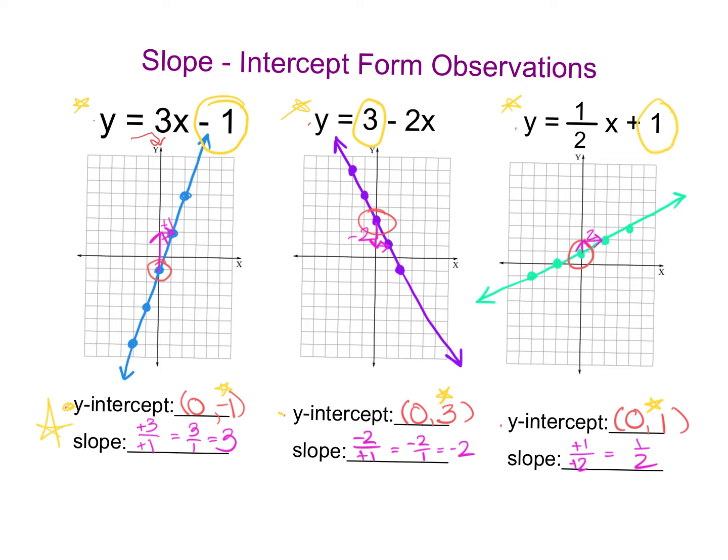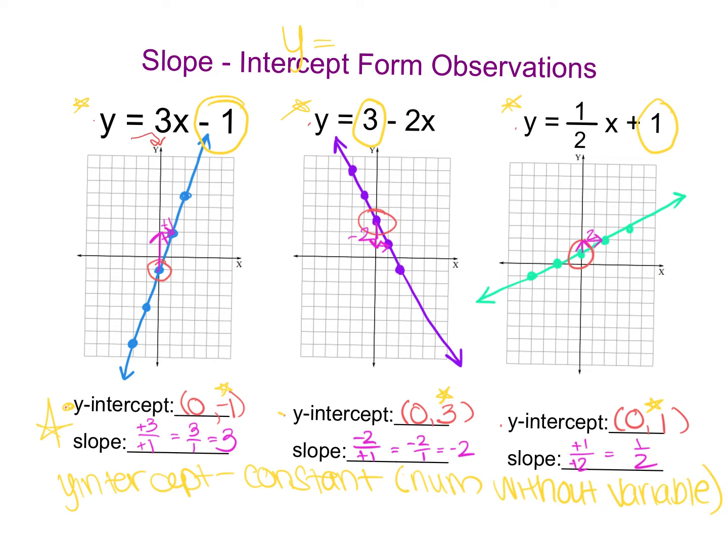So what I'm noticing is that the y-intercept point, when this is written in y equals form, is the constant number, or if you want a less mathy term, a number without a variable.